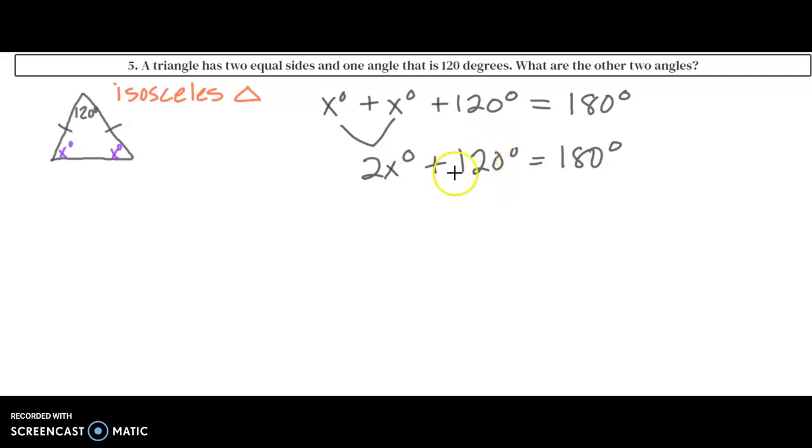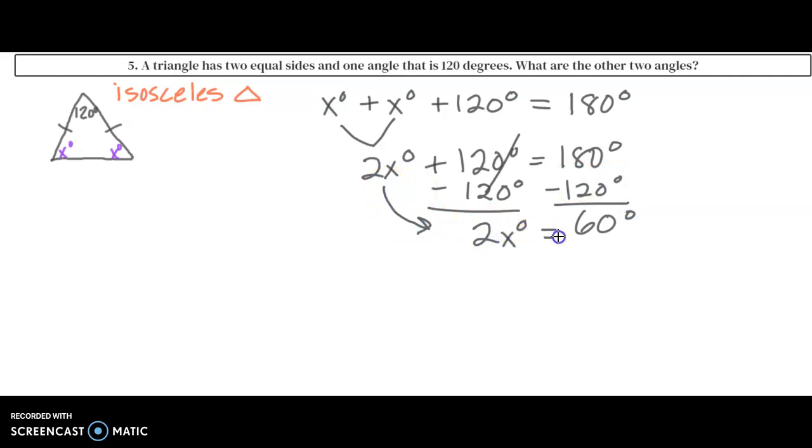How do we solve for x? Well, the first step is we have to cancel 120 on both sides. And I'm left with 2x degrees equals 60 degrees.